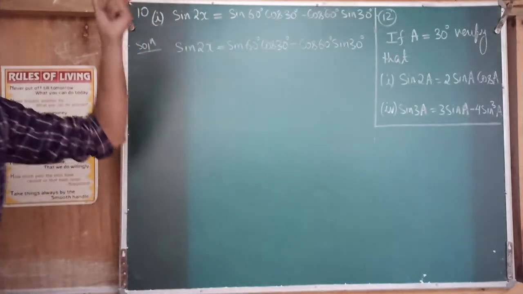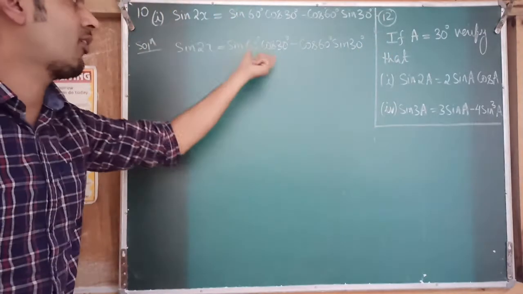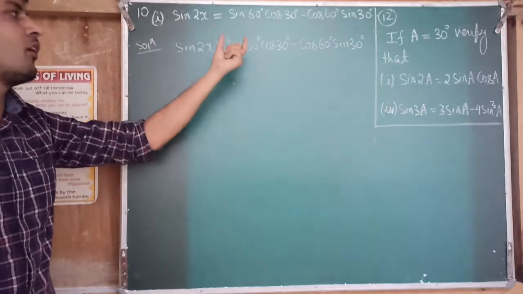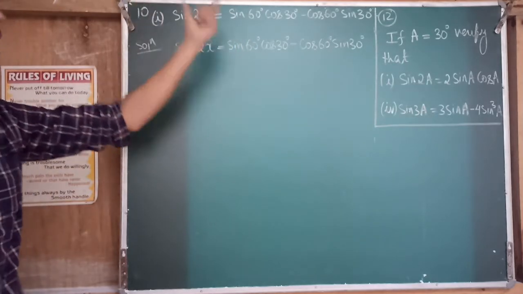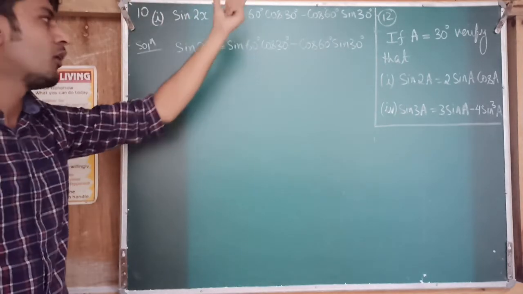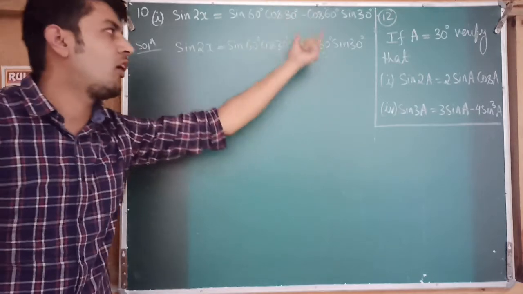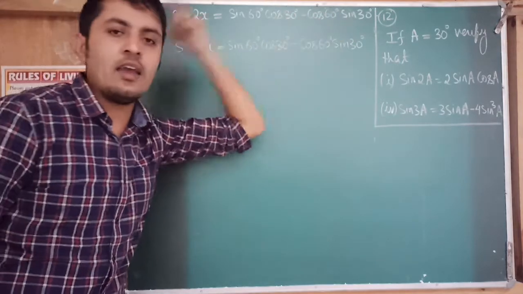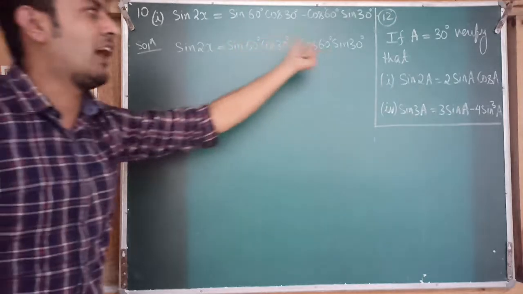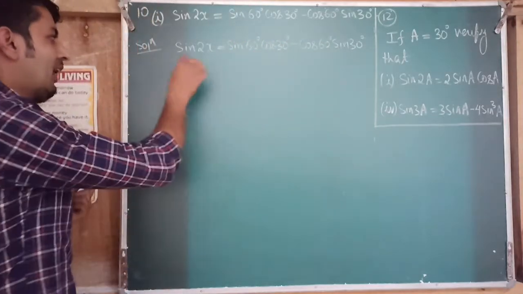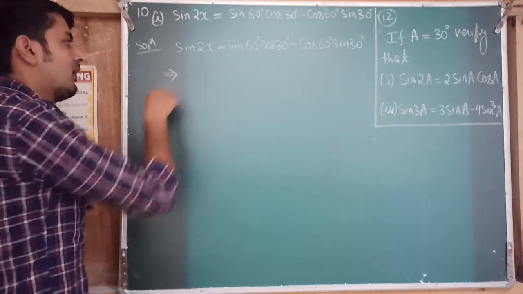Now, what will you be doing in the next slide? You know your trigonometric table. You know the values of sin 60, cos 30, cos 60 and sin 30. You kindly put them down. So let's see what is going to happen next.